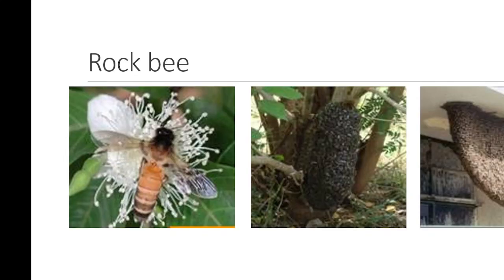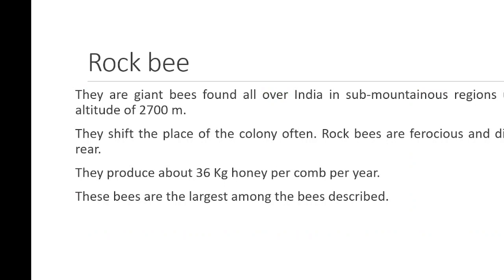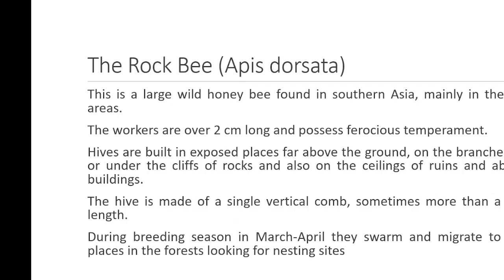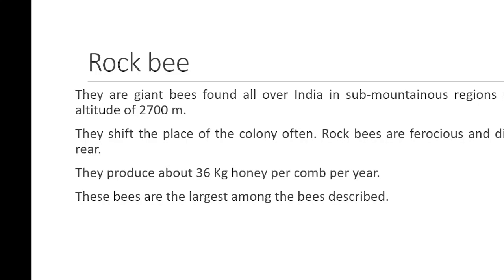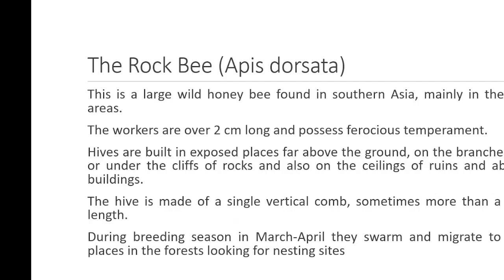One important feature of the rock honeybee is that they are very aggressive, and their length is around 2 centimeters or more. That is the length of the giant rock honeybee, and they are popularly known as rock honeybee because they may be in the forest, building their hive below the cliffs of rocks.